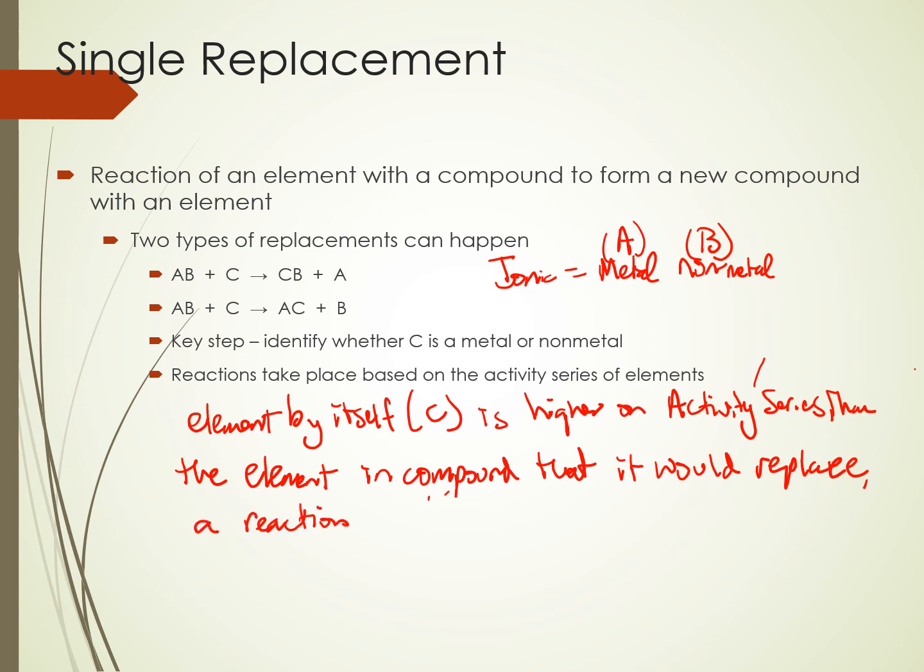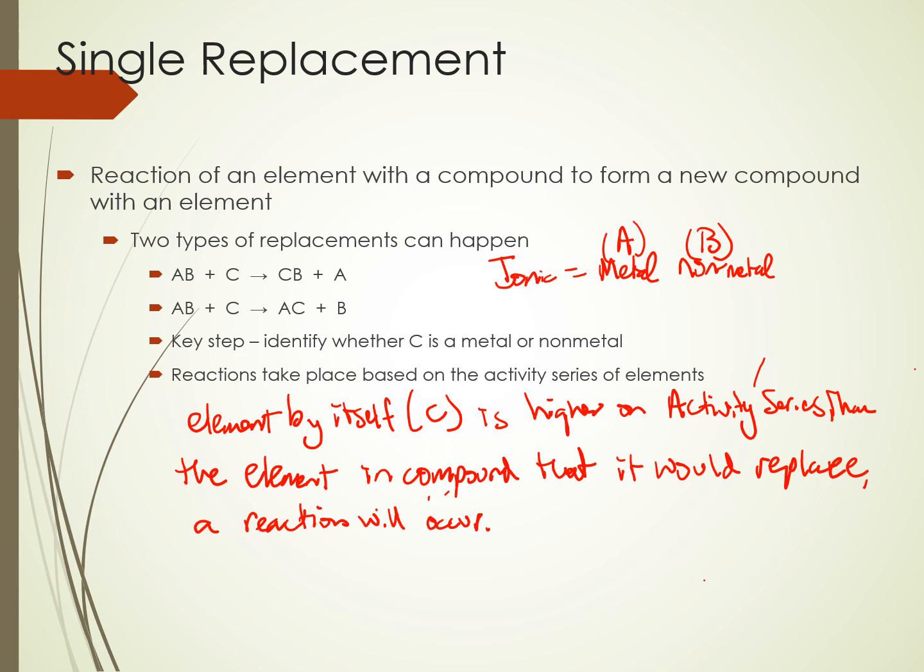A reaction will occur. Now, if the element that is already in the compound is higher on the list than the element that's by itself, then no reaction will take place, because that activity series is giving us a list of the orders of reactivities for these different metals.